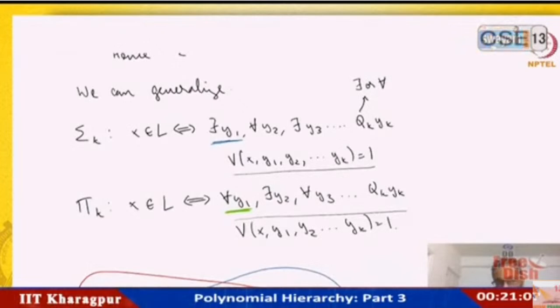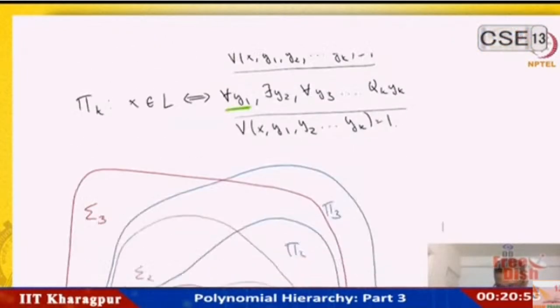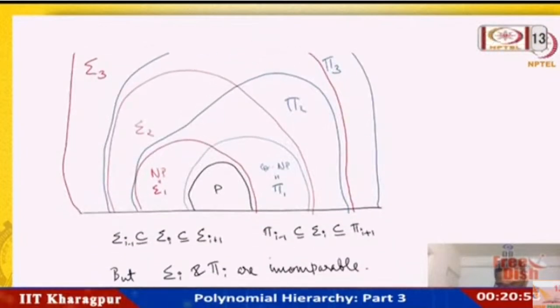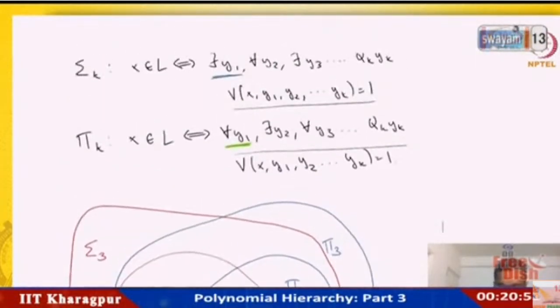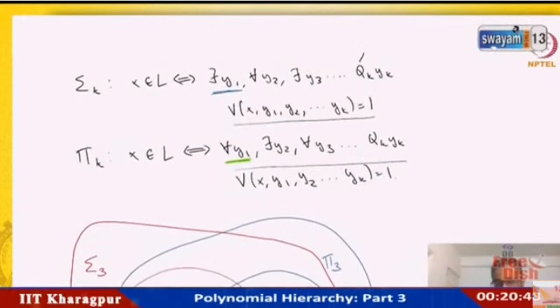So we have up to k quantifiers, not exactly k quantifiers, but even if you have fewer than k quantifiers, that will be a subset of sigma k or pi k, right? That's what is shown in the figure here. K alternating quantifiers starting with exists is sigma k, and for all is pi k, right?